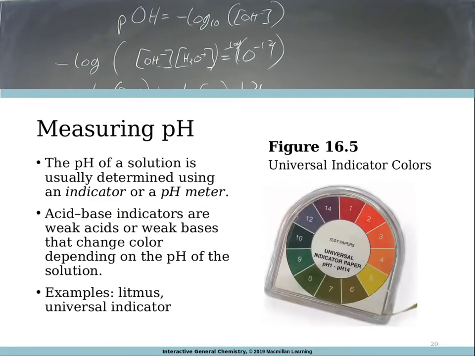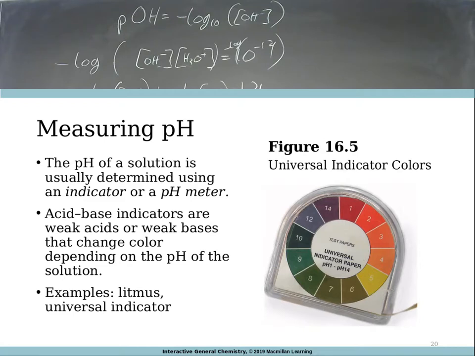There are a couple of ways that we can measure pH. One of them is using a universal indicator. This is a compound which changes color depending on the H3O plus concentration. A universal indicator is a mixture of these compounds so that you get subtle color changes over a wide pH range. It can come in the form of paper, like we see here in figure 16.5, and you just put a drop of your solution on this little strip of paper and it will change color to indicate the pH.